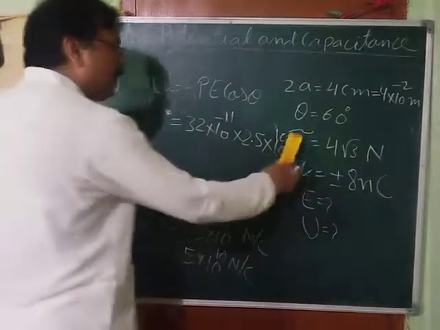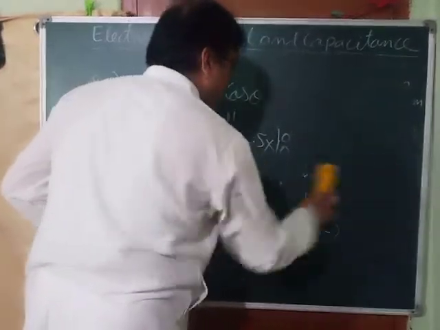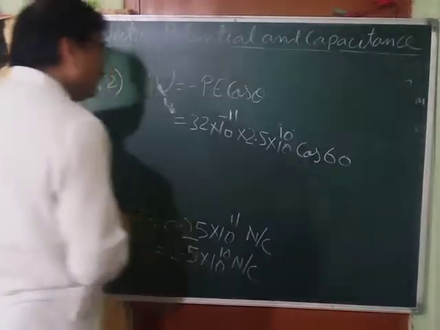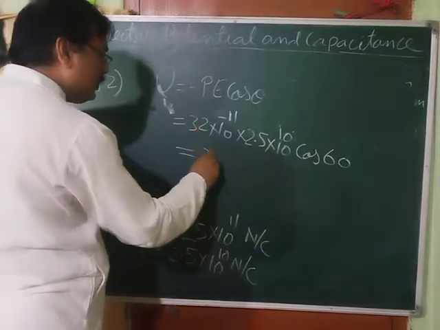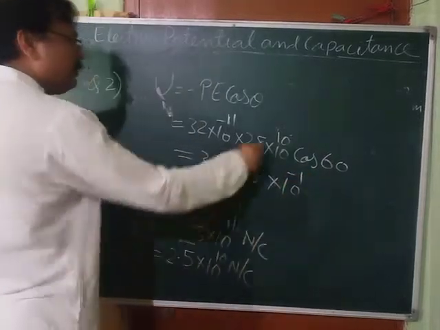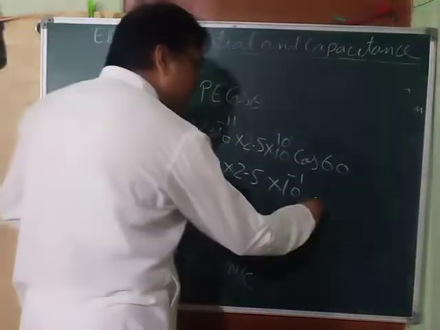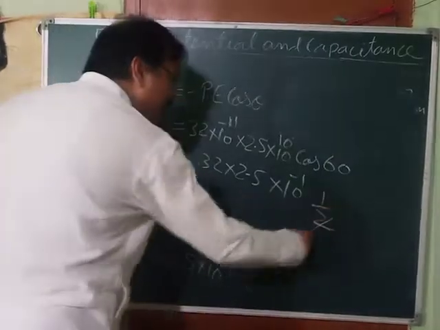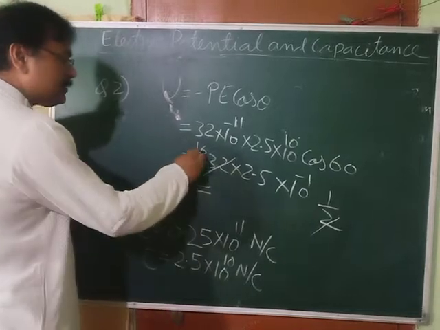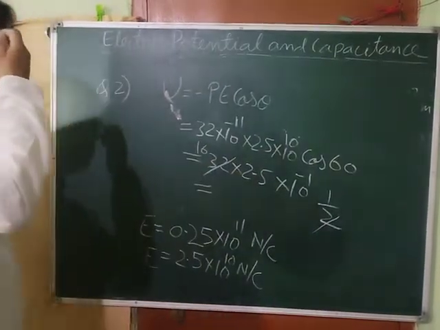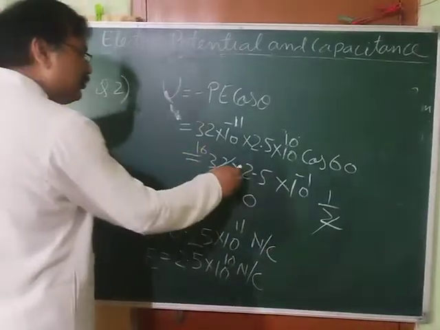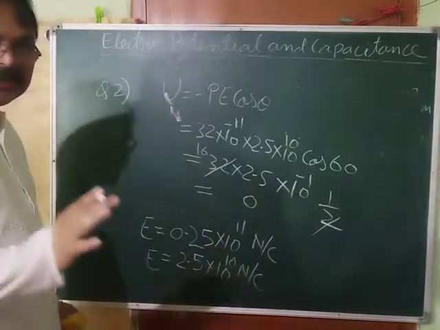Then cos 60. Now we have got 32 into 2.5 into 10 raised to the power minus 1, because plus 10 minus 11 is minus 1, and cos 60 is half. So you can divide 32 by 2, you will get 16. You have to multiply it with 2.5. 16 fives are 80, so 0 and 8 is carried. 16 twos are 32, 32 plus 8 is 40.